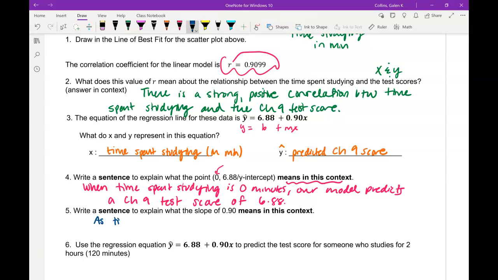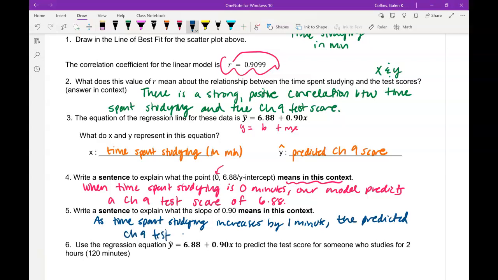So as time spent studying increases by 1 minute, the predicted Chapter 9 test score increases by 0.90. And there's other ways to say that. You could say, for each additional minute studying, the Chapter 9 test score is predicted to increase by 0.90.